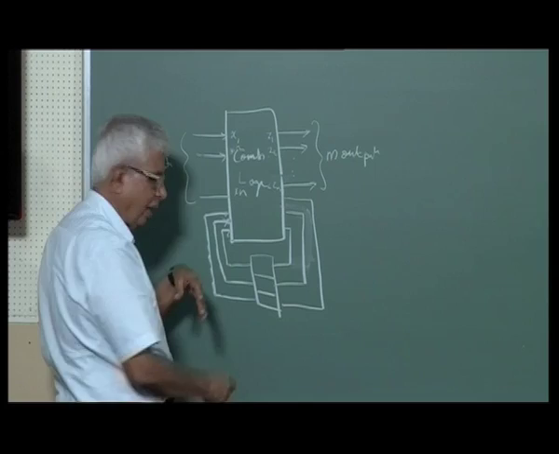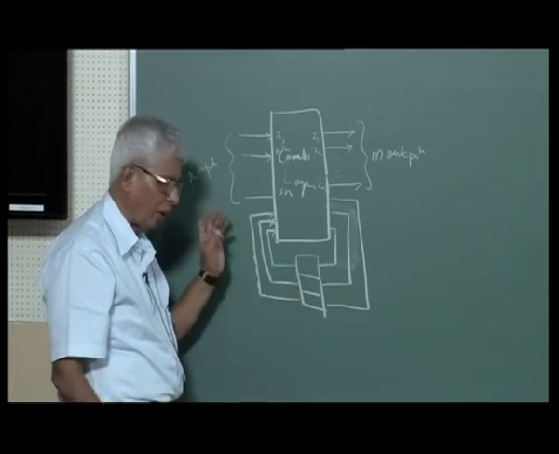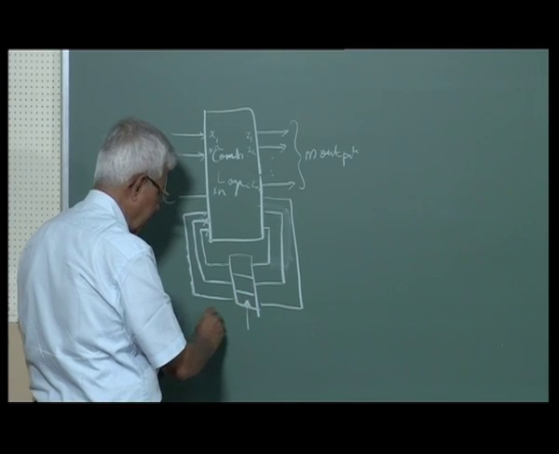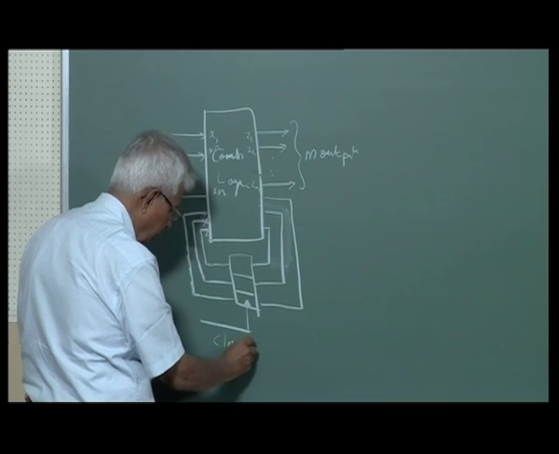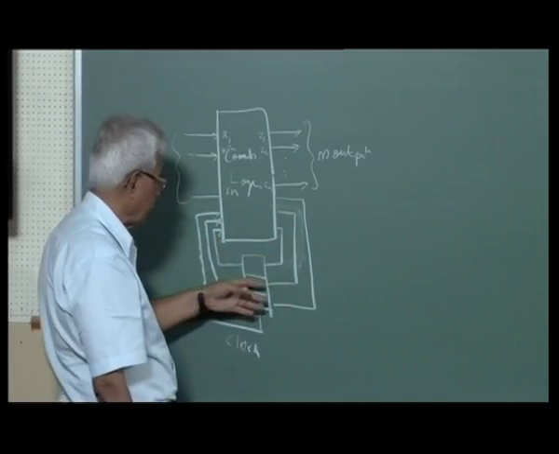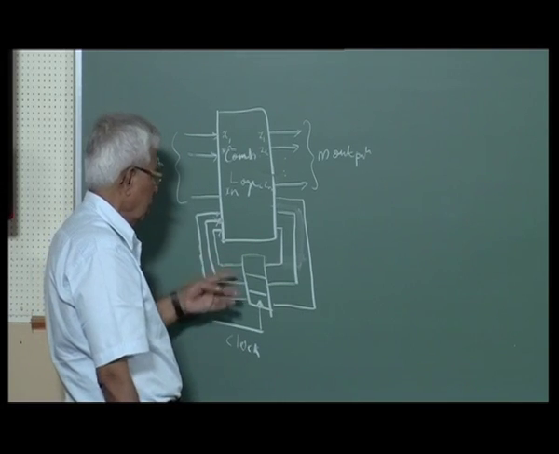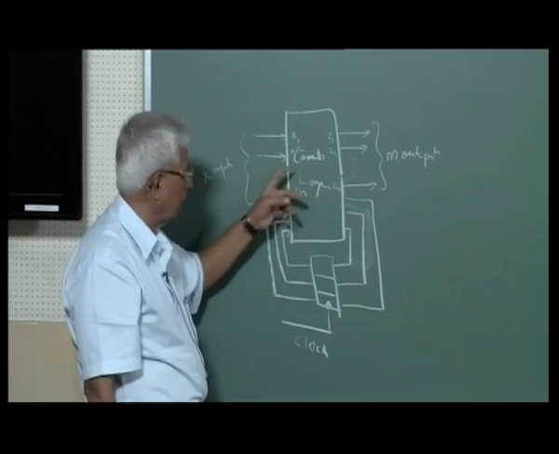This feedback is the one which makes it sequential, because these are nothing but flip flops, and a bunch of flip flops we said is a register. They are all clocked at the same time. So, whatever is the present state, that information is passed on after the next clock pulse to this input of the combination logic.